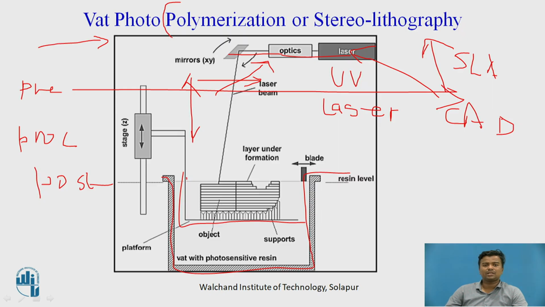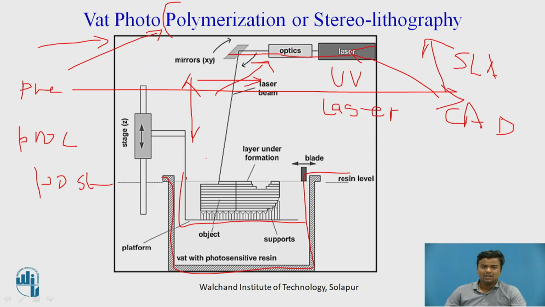Photopolymerization is a chemical process, the photosynthesis process. A disadvantage is that only liquid resin materials compatible with the polymerization process can be used in vat photopolymerization. So the epoxy resin is compatible with vat photopolymerization.